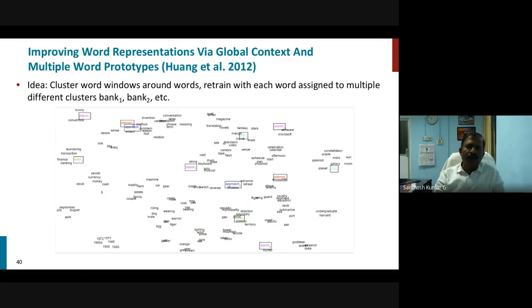So there are a lot of techniques to deal with this. Just to mention, you can have clusters of words, and retain each word assigned to multiple different clusters, like bank 1, bank 2, etc. And then you make a judgment based on the clusters, right?